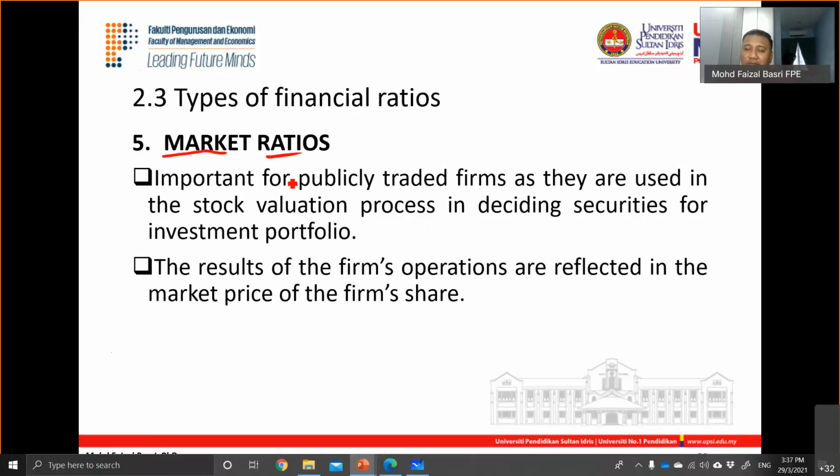It is not just based on the balance sheet and income statement, the statement of financial position or statement of financial performance. We cannot rely on the two statements alone. So for final exams or final assessment, it's quite impossible to ask. They will not ask you the market ratios.